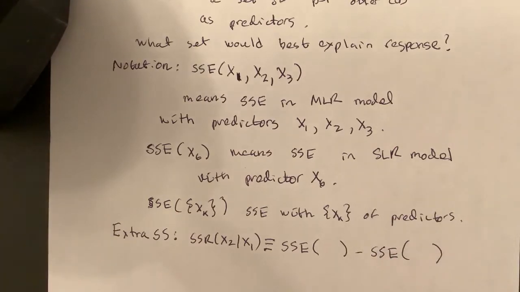So the idea is that vertical line means what's the sum of squared regression when x2 is in the model, given x1 is already in the model. So when x2 is added to a model that already contains x1. So I want to express this as the difference of two SSEs, and it should be positive, probably, if it's going to make any sense.